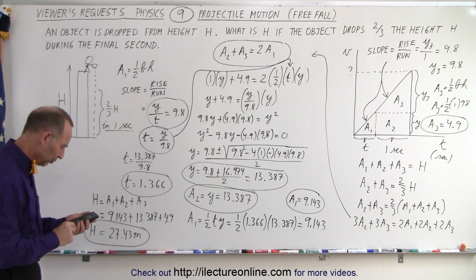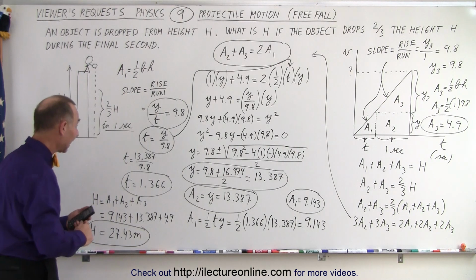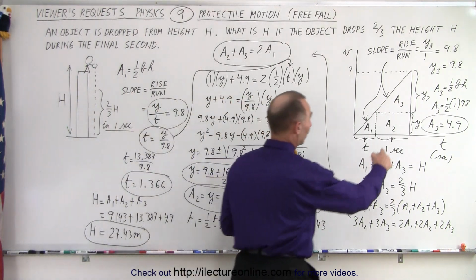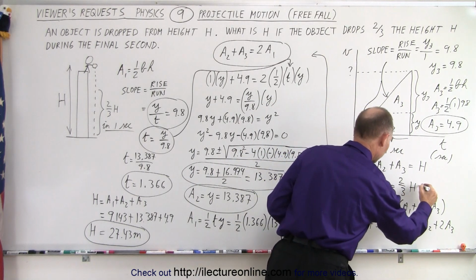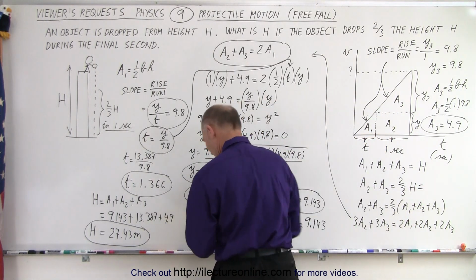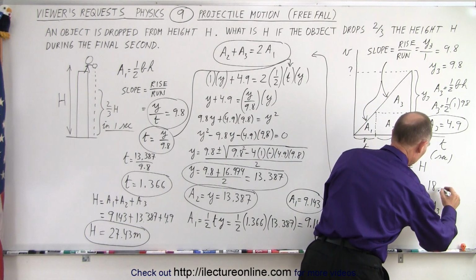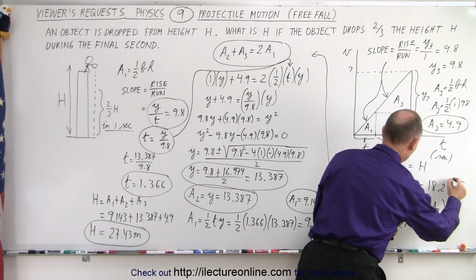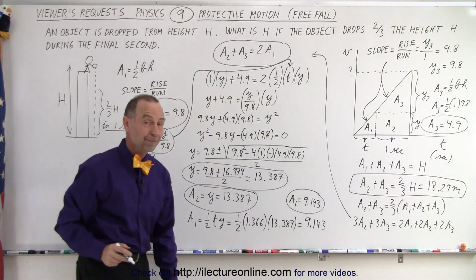So multiply that times 2/3, and in the last 1 second, A2 plus A3 combined, which is 2/3 the height, it drops a total of 18.29 meters in the last 2/3 of its path.